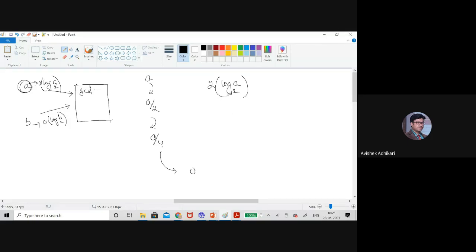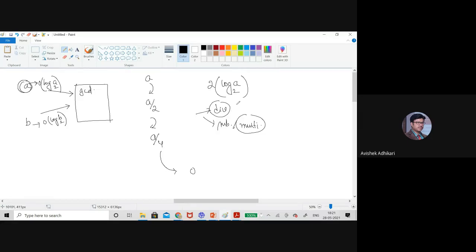And in each step, what is it checking? It is checking division and subtraction. Maybe some multiplication also. But whatever may be the case, division and multiplication are taking the major role.